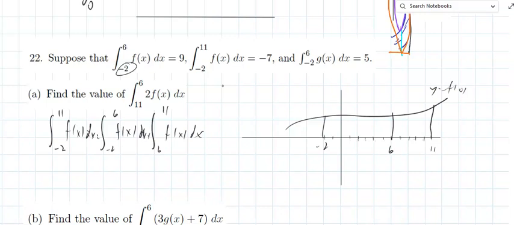Well, I know this is -7. I know this is 9. Can't I figure out what the integral from 6 to 11 is?